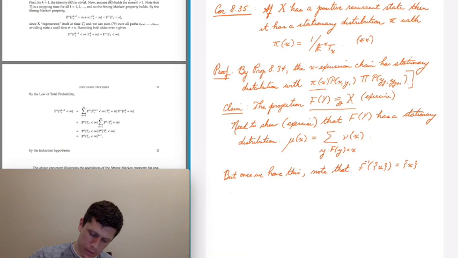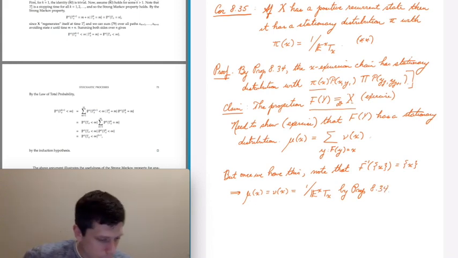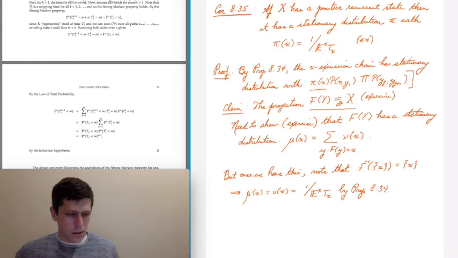So this tells us that mu X is just equal to nu X, and this is equal to 1 over this expectation, and this was by the previous proposition.